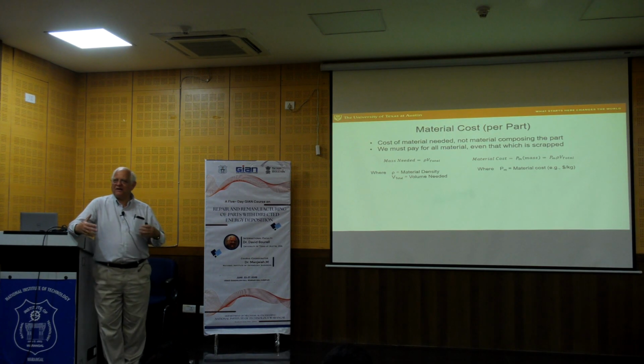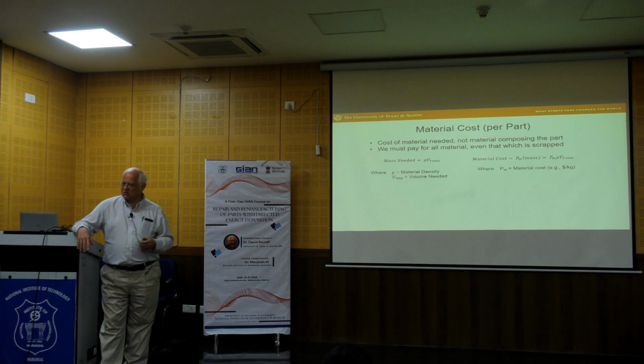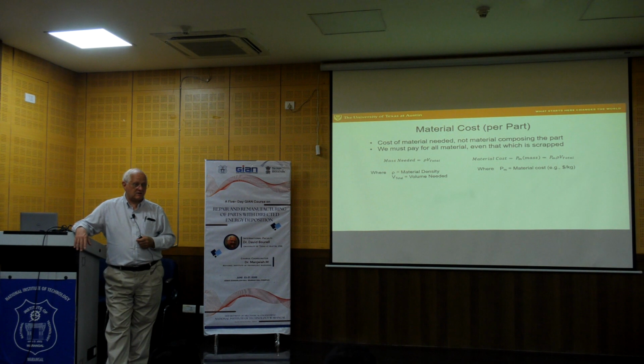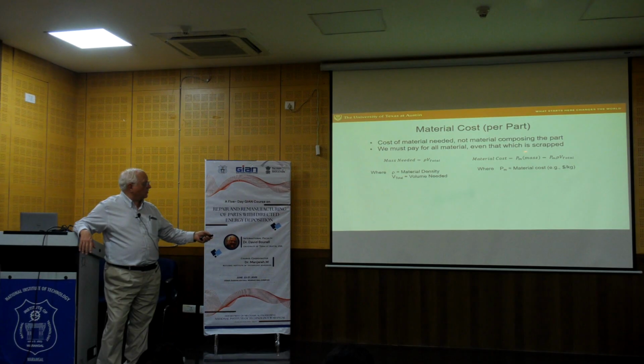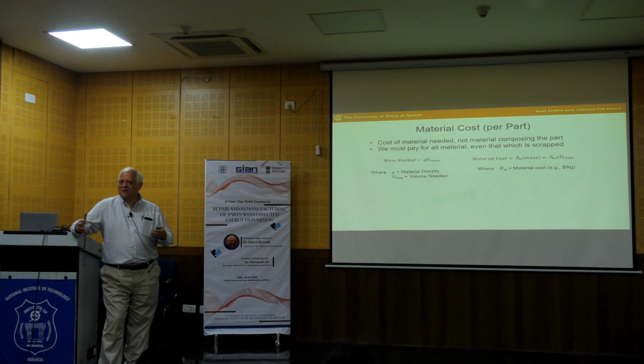I should mention that I'm assuming this is true worldwide, certainly in the United States. When we go to buy material, we buy it by the pound or per unit mass. That's the reason the equations are built based on the material cost. And in a bit, I'll talk about what the material cost is for certain kinds of additive manufacturing metals or materials.